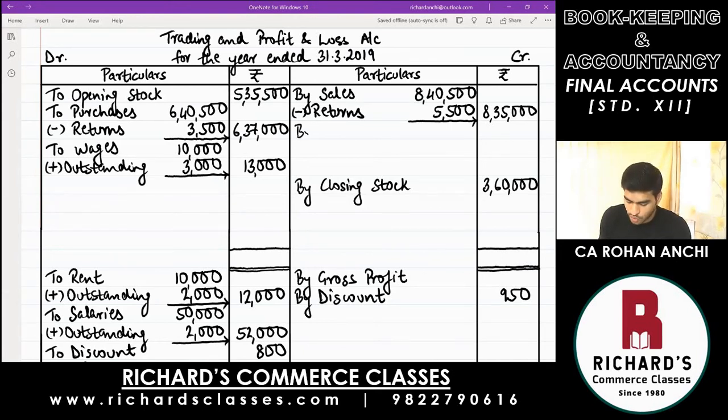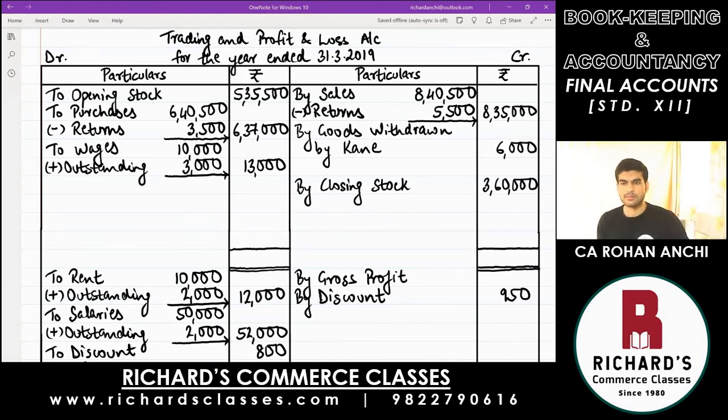Write down by goods withdrawn by Kane. Amount of goods withdrawn is 6,000. This is one effect.